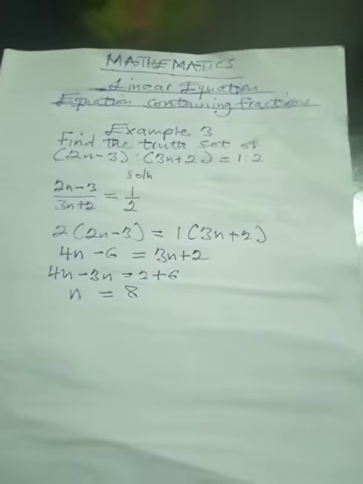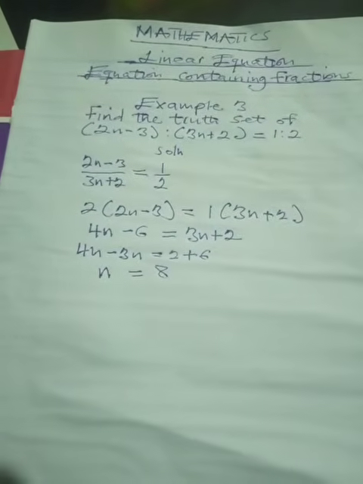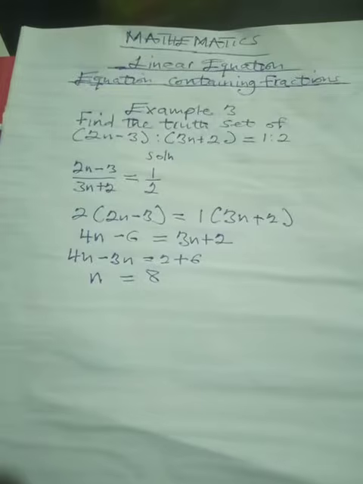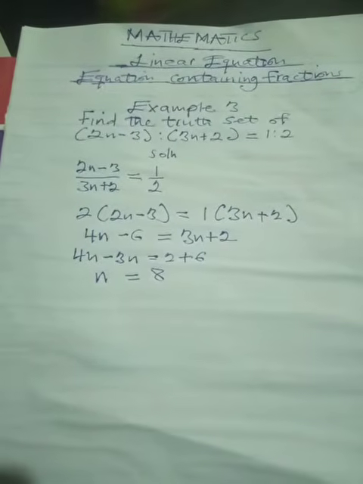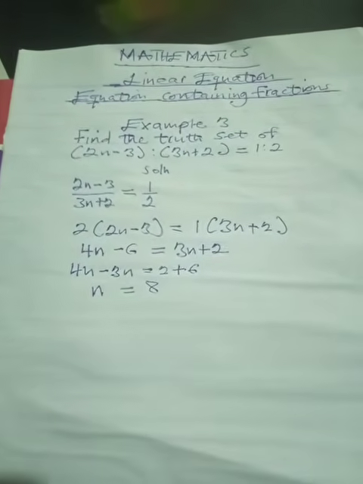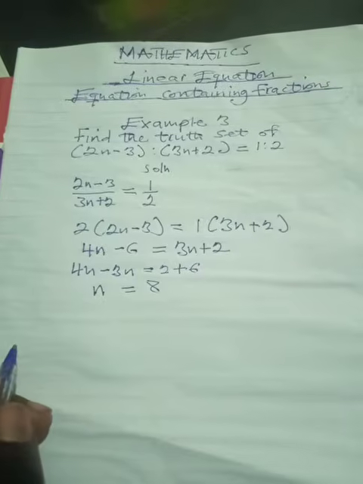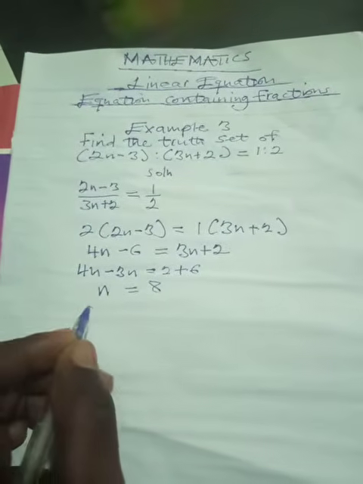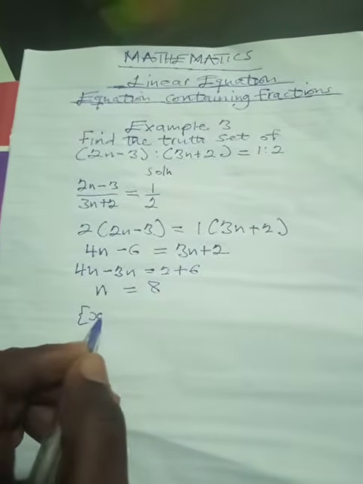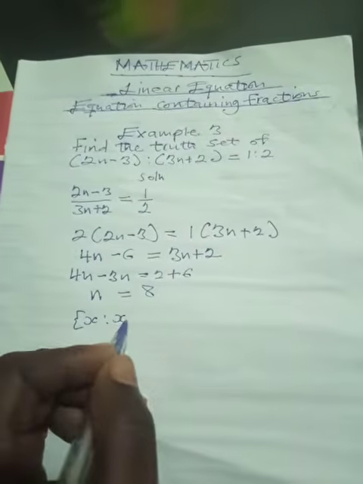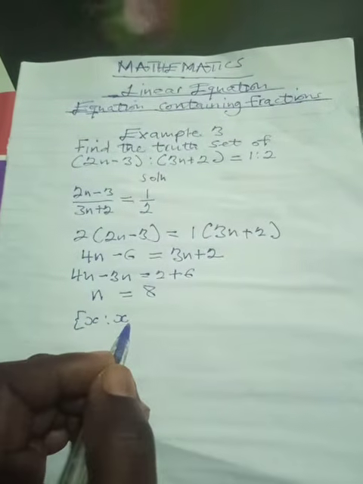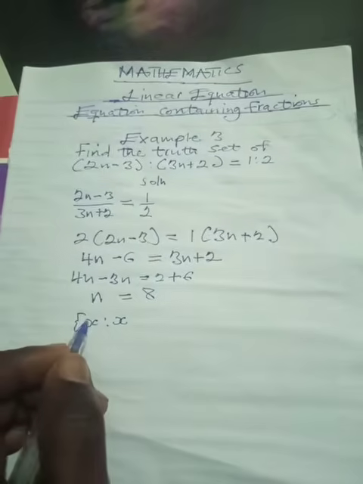So n is equal to 8, right? But the question says find the solution set. So you're supposed to represent it in solution set form. So it's not x, rather it's n.